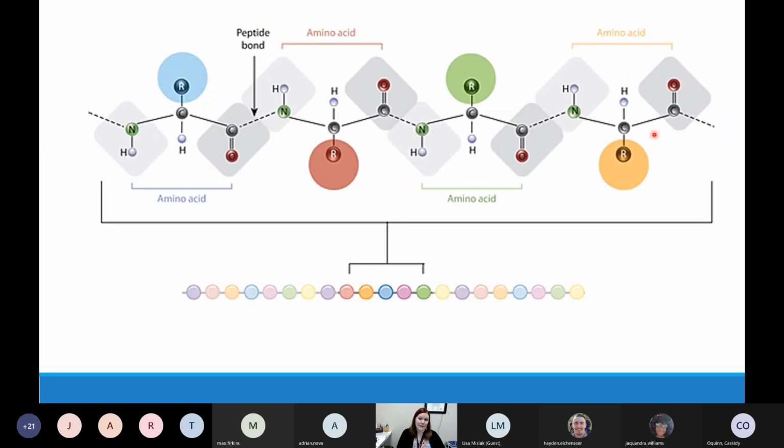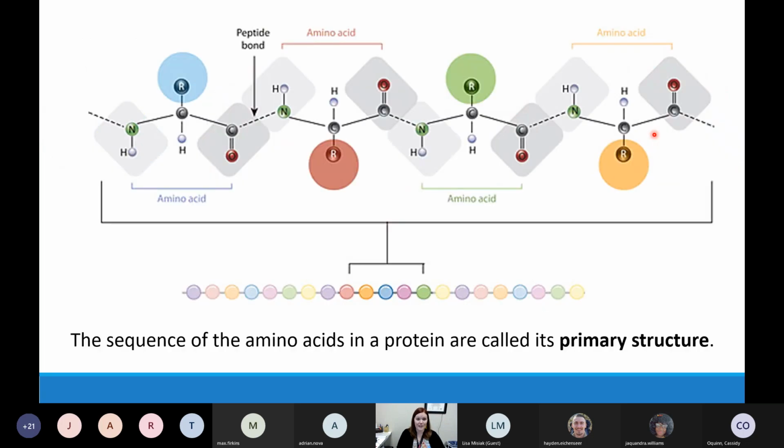We care about peptide bonds and dehydration synthesis because this is what builds the most basic level of protein structure. So the most basic level of protein structure is called primary structure. Primary structure is the order of the amino acids that are inside a protein.